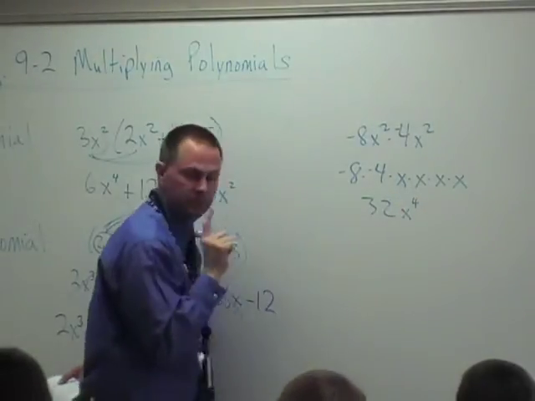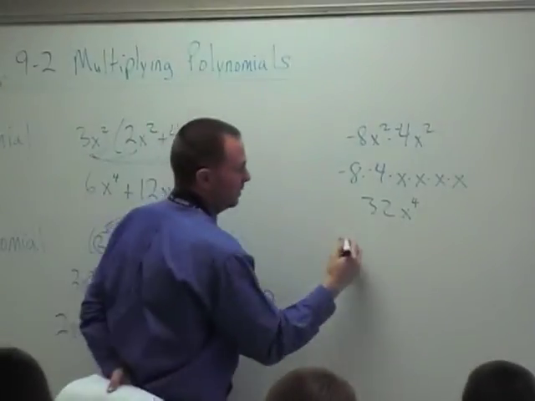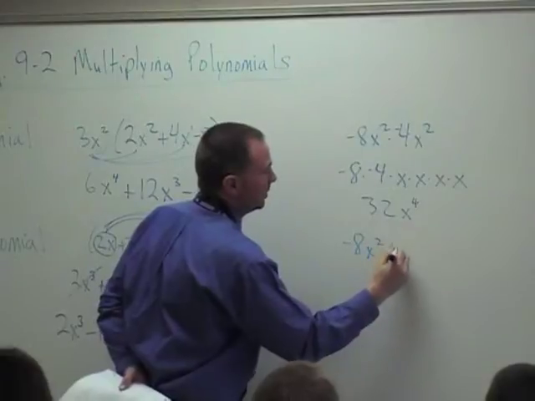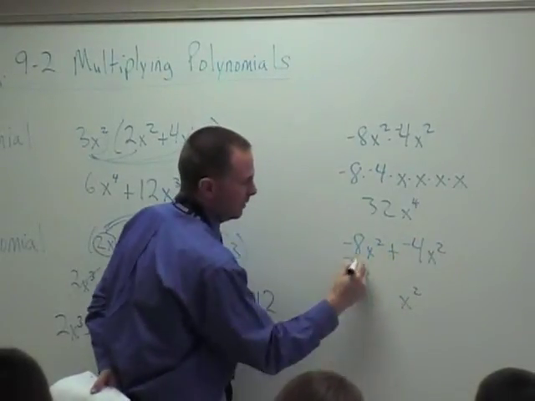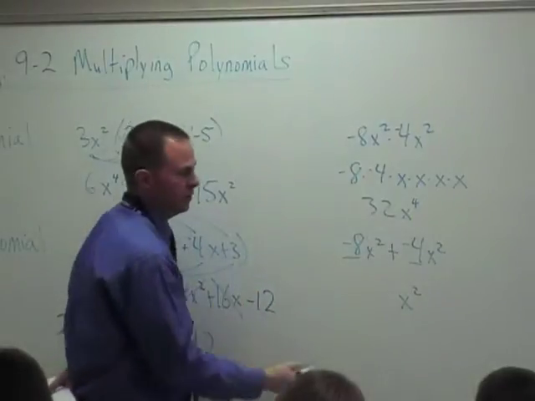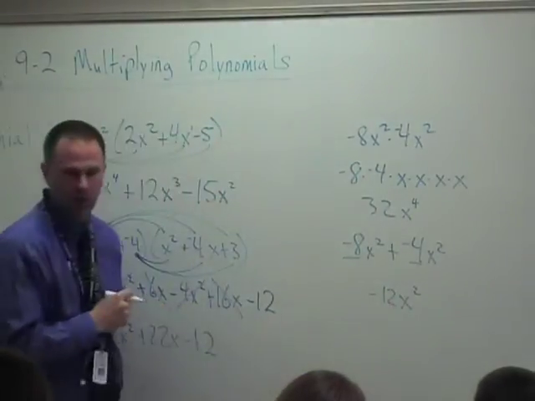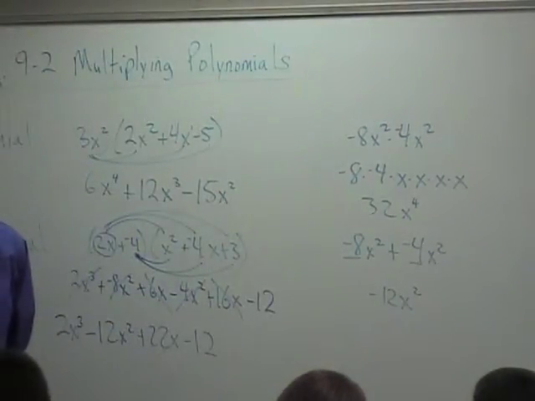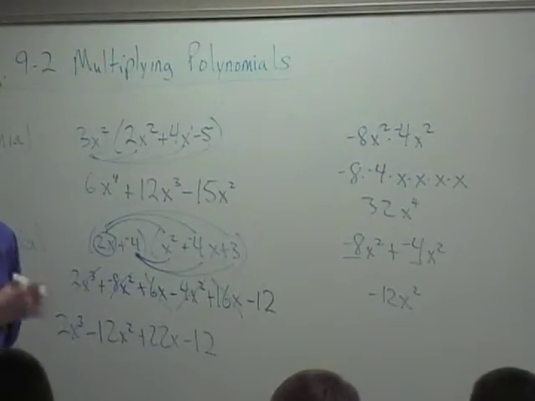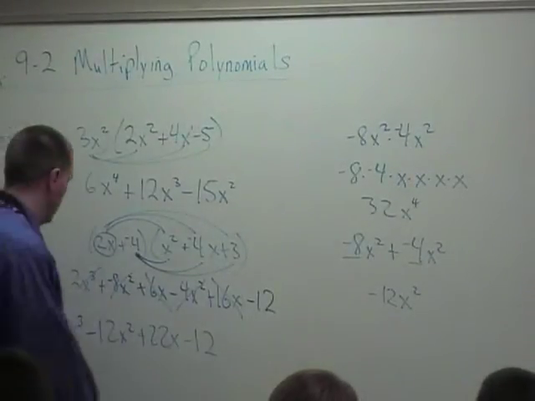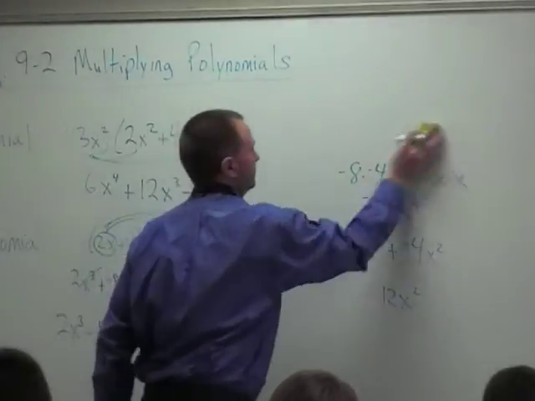But a negative 8x squared plus negative 4x squared, how many x squareds do I have? It's a negative 8 plus a negative 4. I have negative 12x squared. When you're adding and subtracting, it's how many of those things do you have. When you're multiplying and dividing, you're multiplying everything. Okay? All right, example 3.